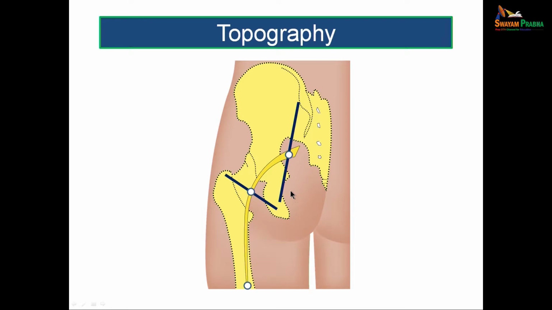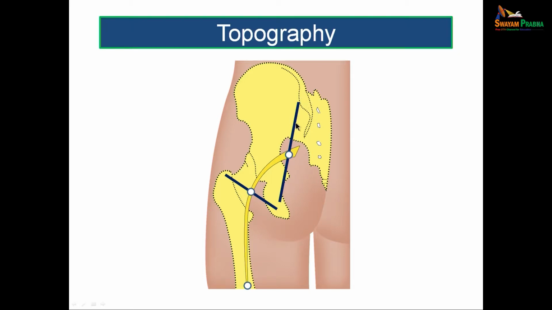Now, let us look at the surface marking of the sciatic nerve. The sciatic nerve can be marked by 3 points. The first point is the midpoint of a line between the posterior superior iliac spine and the ischial tuberosity.